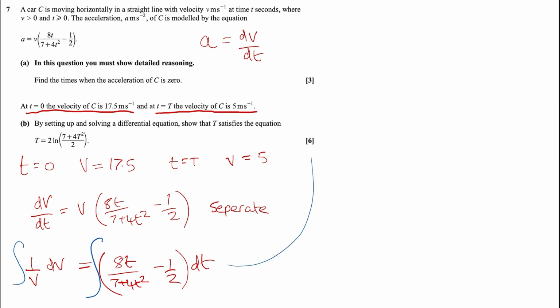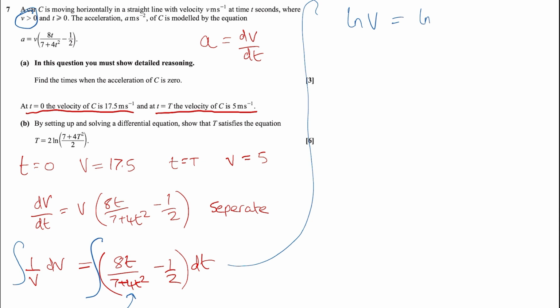So, integrating 1 over v, we get the natural log of v. Just because v has to be bigger than 0, I don't actually need the modulus signs here, though you wouldn't lose marks if you did put them there. Looking at this term, it's a fraction. Usually fractions integrate to some kind of ln, and I can see that the denominator differentiates to the numerator, so it's perfect.